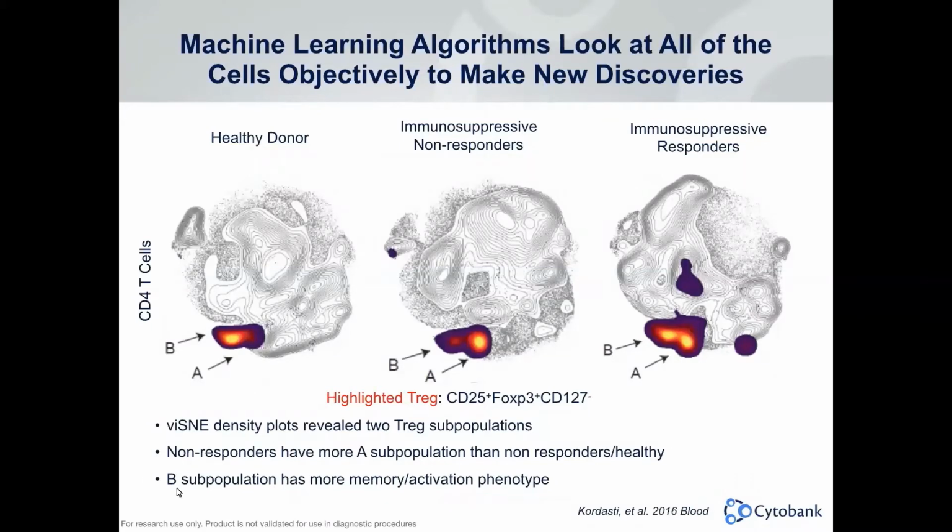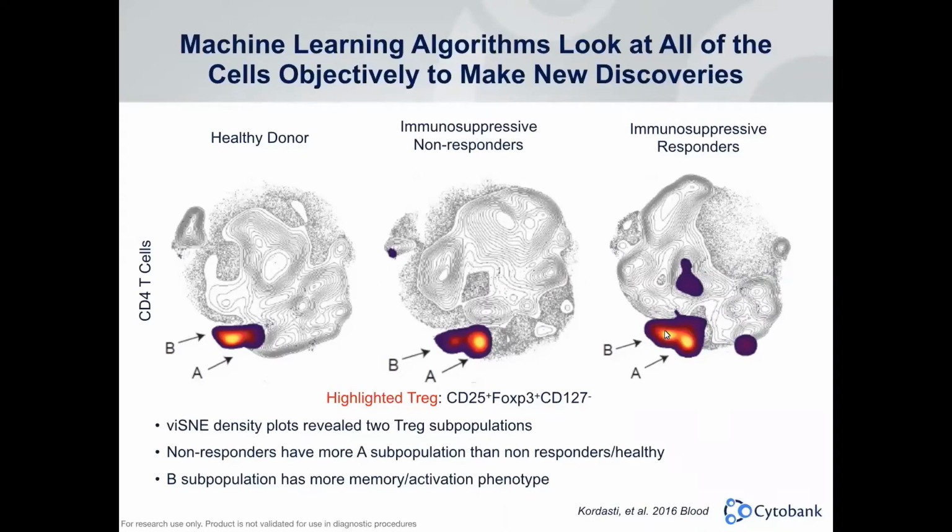There are two subsets of Tregs in this region, A and B. When you look at the map of patients who did not respond to the drug treatment, they are high in the A region, while in the responder patients, the B subset is more elevated.